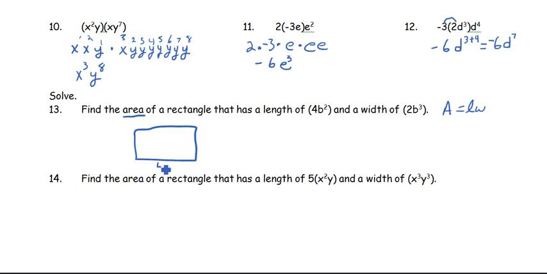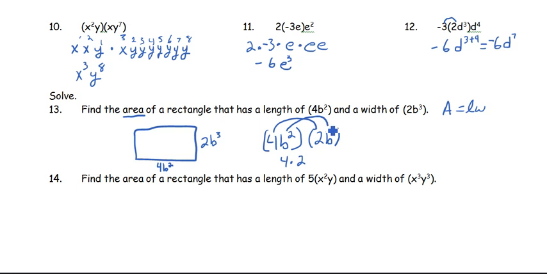So if this is 4b squared and this is 2b to the third, then we have 4b squared times 2b to the third. First things first, let's take our numbers and multiply those. 4 times 2.